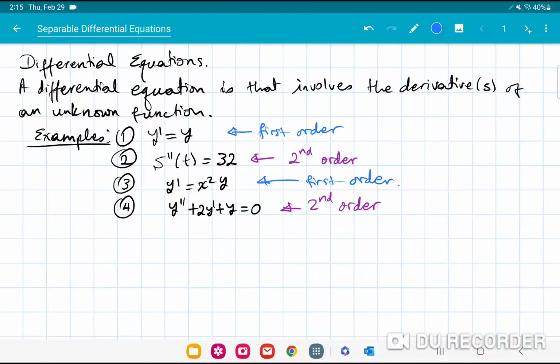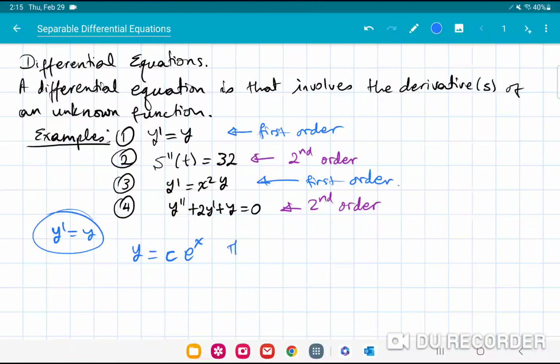Okay, where do these things come from is one of the things that, okay, let me first mention the solution to some of these. So y prime equals y, we discussed this in class. To find a function whose derivative equals itself, the easy answer is y equals e to the power of x. But y equals any constant multiple of e to the power of x is a solution.